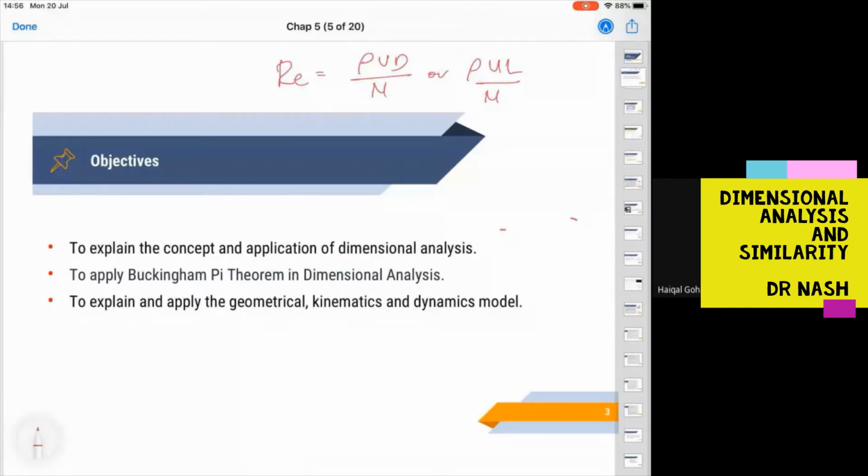There are a few more, for example Stokes number, Froude number, and then what else? Aerodynamic coefficient, and a few more things. Yeah, bila kita sebut coefficient, then definitely we know the coefficient usually is just a number. But to get that number, there is actually a step or a process to come up with it.